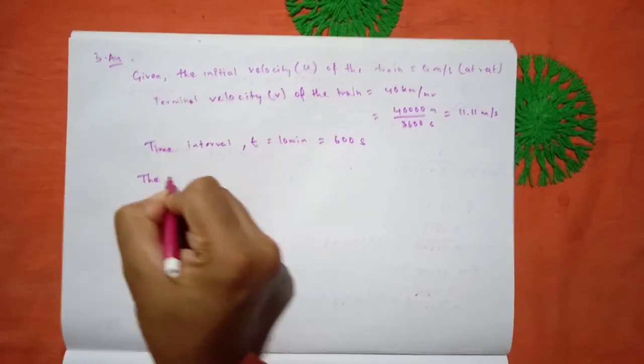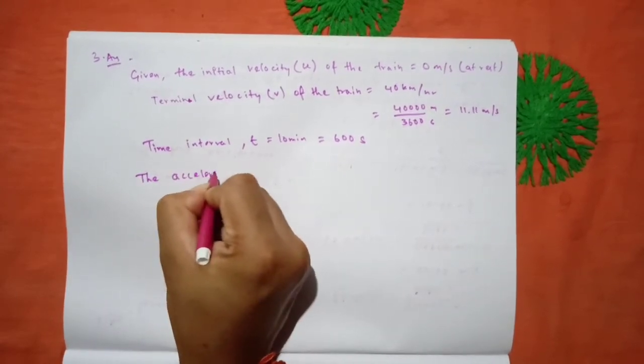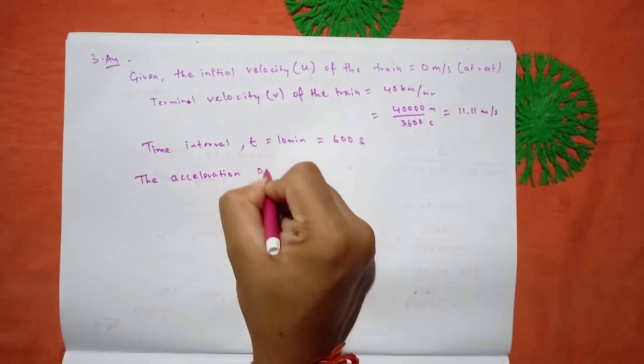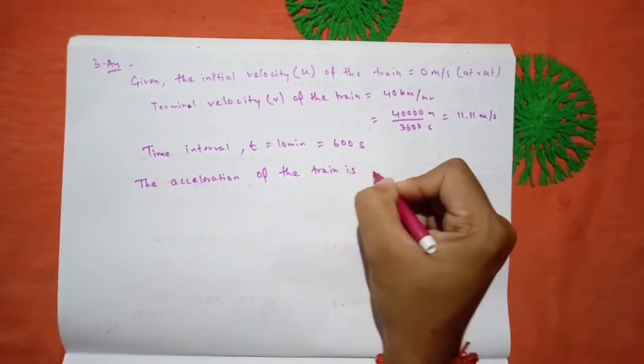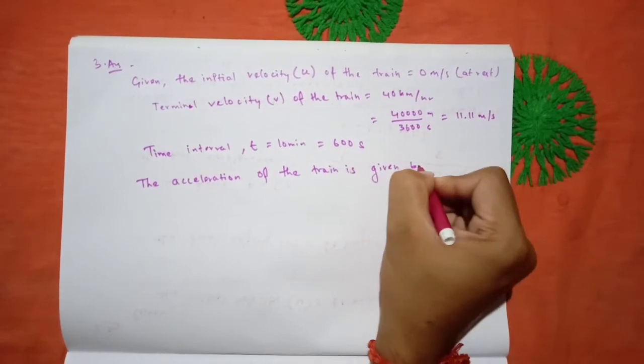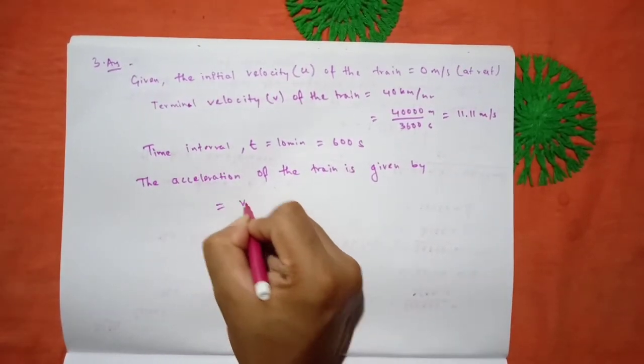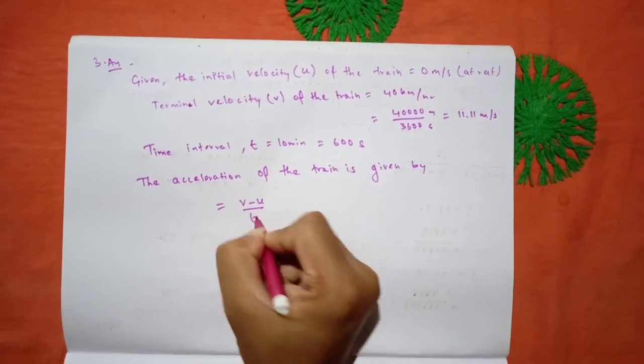Now the acceleration of the train is given by v minus u by t.